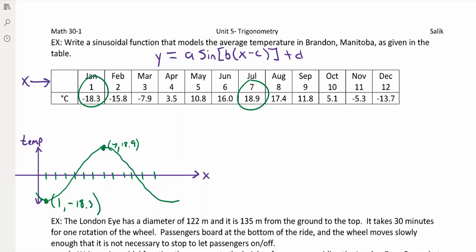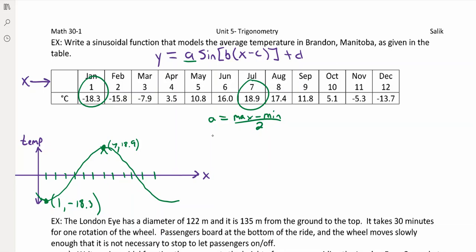Now that we have that sketched out, let's find A. Our A value, and this isn't on your formula sheet, so we have to remember this one, is your max minus your minimum, divided by 2. And remember what that's finding: just half of the height of your wave. You're going your top value minus your bottom value and then cutting that in half to figure out your amplitude.